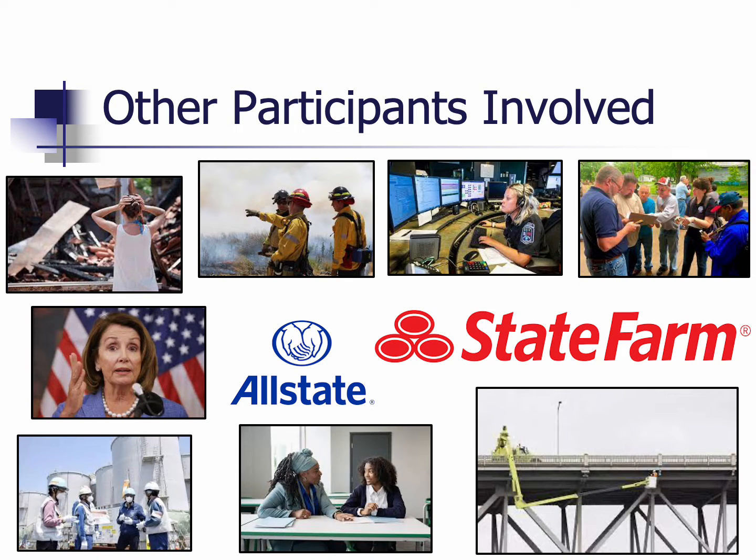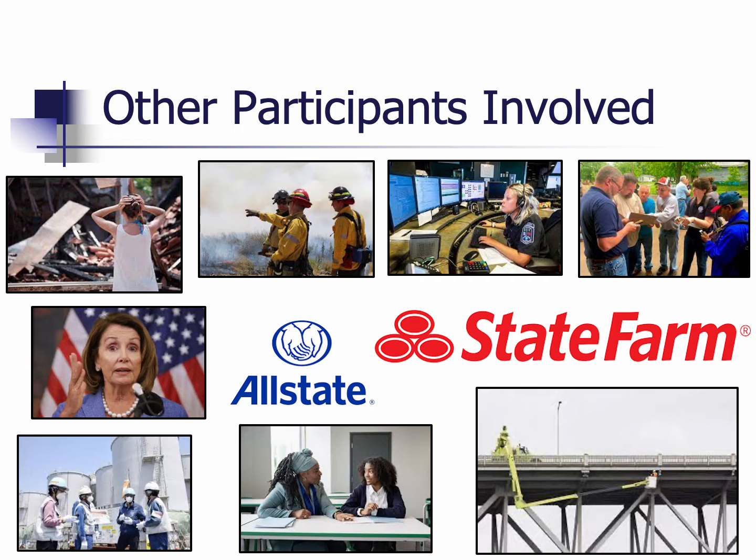In addition to the people I have already mentioned in an earlier slide, there are many other individuals and organizations that become involved in damage assessments. The victims themselves may report what has happened to their home and the losses they have sustained. First responders will relay information about damages when they arrive at the disaster scene. 911 operators will share information about damages with emergency managers, politicians, and other public officials.